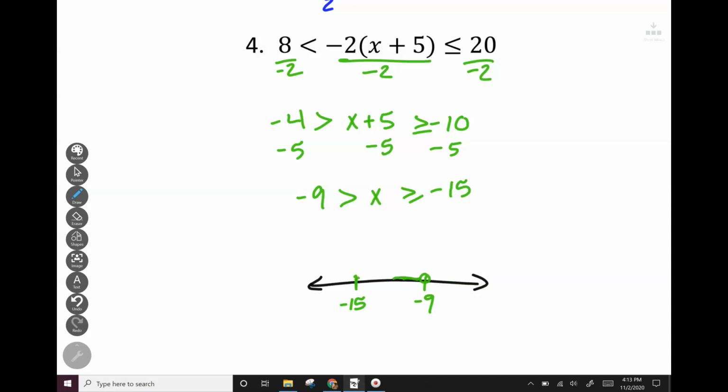And then greater than or equal to -15. Okay, so there it is shaded. So now writing that in interval notation, you've got -15, comma -9. And then you need a square bracket here and a parentheses there. Okay.